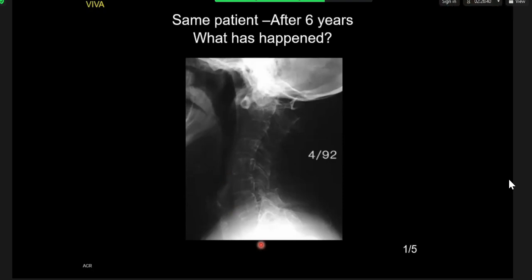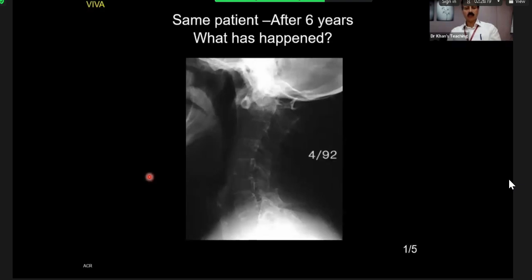I cannot see the dens on this lateral projection, which is quite unusual because it's mostly concealed or shadowed by the mastoid bone. So your conclusion is, as you have already elaborated, what word did you use? Invagination, okay.